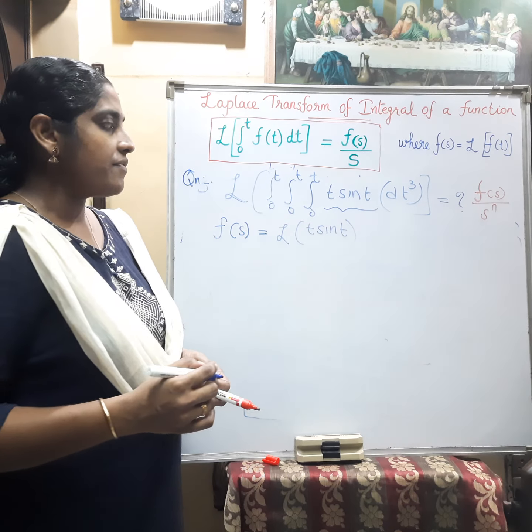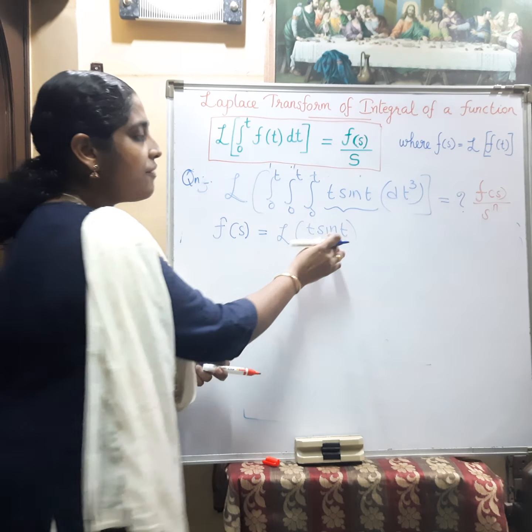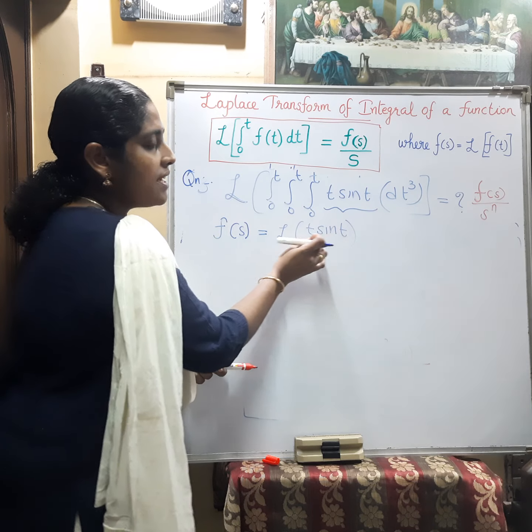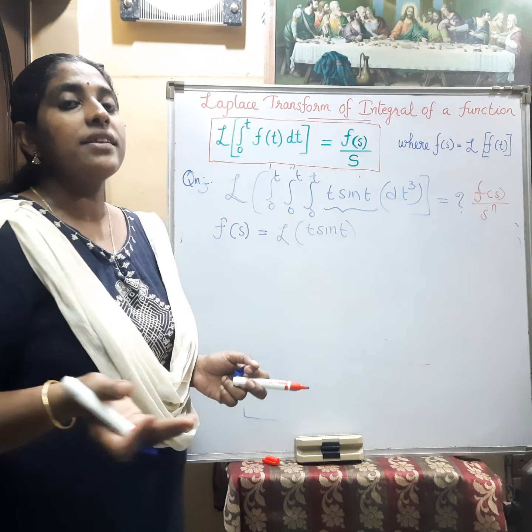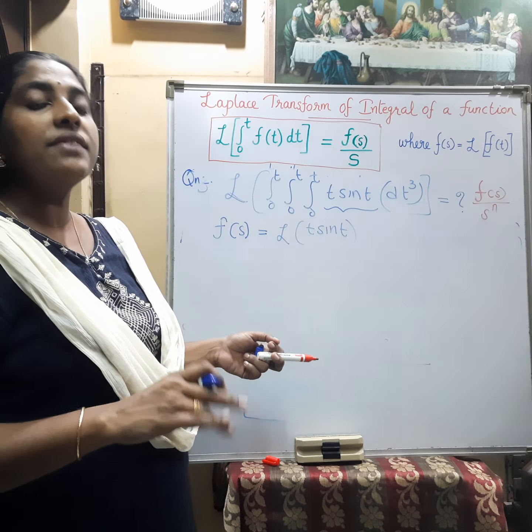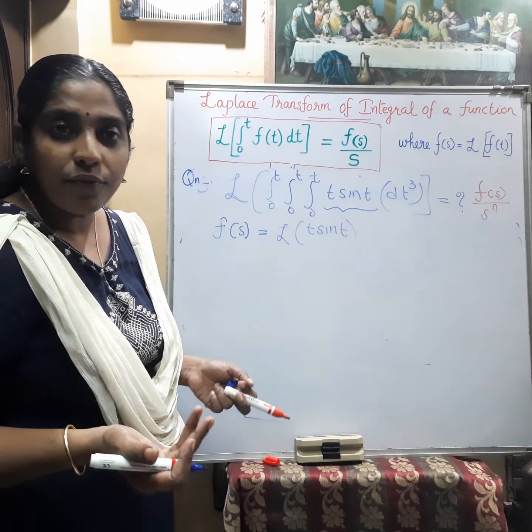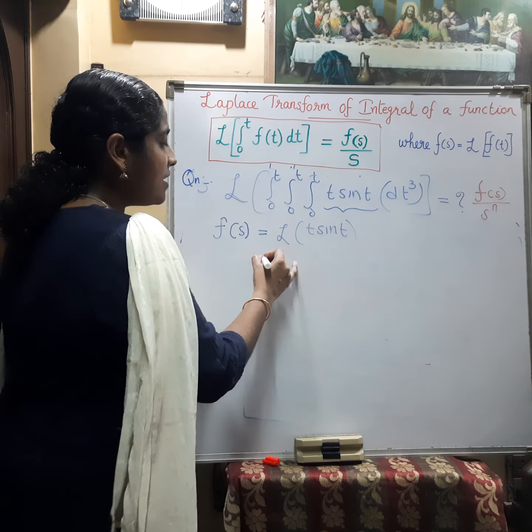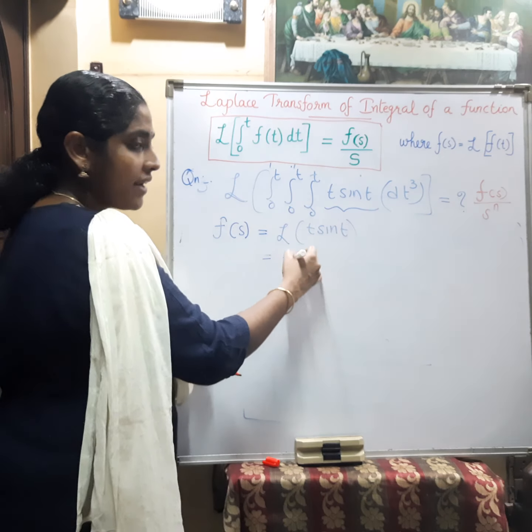So what property do we have to use here? The function sin t is multiplied by t. When the function is multiplied by t, we can use the derivative property of the Laplace transform, that is (−1)^n d^n/ds^n of F(s).